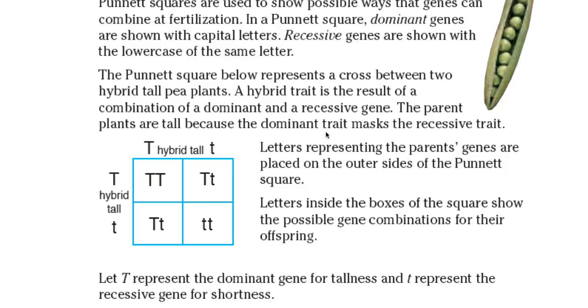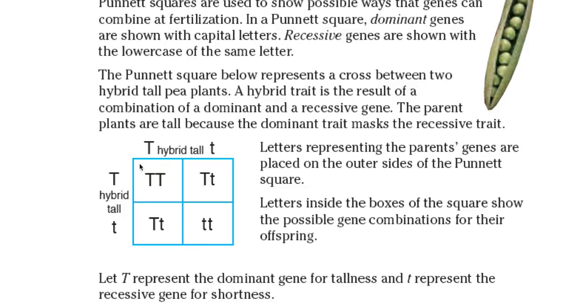A hybrid tall plant simply means that it has an allele of a tall pea plant and an allele of a short pea plant, and that's the same thing with the other gene. They're both hybrid tall pea plants where lowercase t is recessive and capital T is dominant. And if you recall, recessive means the trait that is hidden. Dominant is a trait that is being shown.